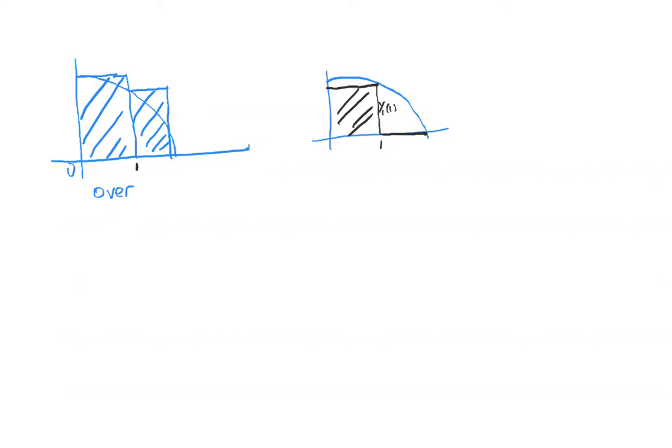Hello? If you use 4 rectangles, the overestimate will be like that. The first one is here, you use y1 0.